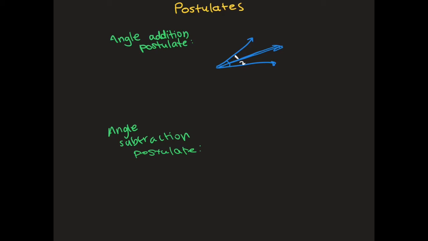Let me label this. W, X, Y, and Z. Those are our four different spots.